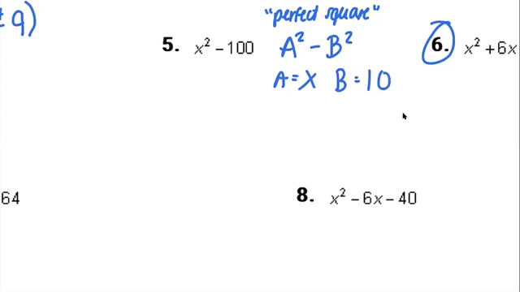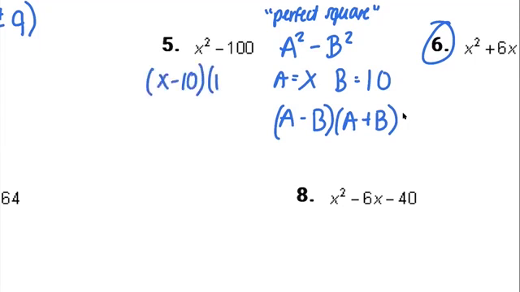So this is where we get in that form of a minus b multiplied by a plus b. So what that's going to look like is x minus 10 multiplied by x plus 10. And again, it has to be 1 negative, 1 positive because we have minus 100.